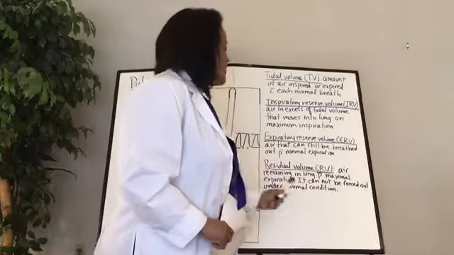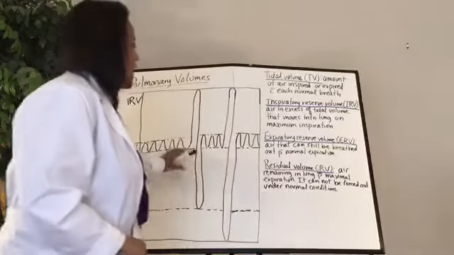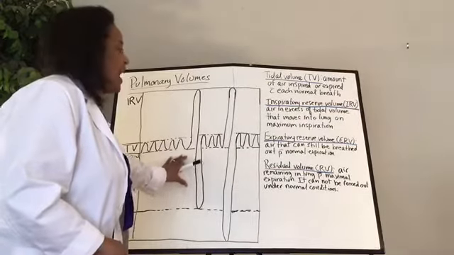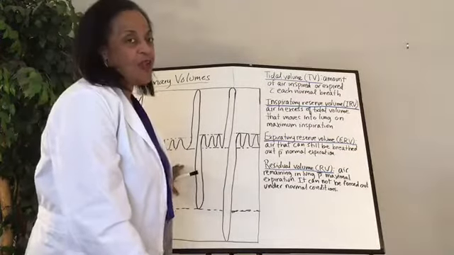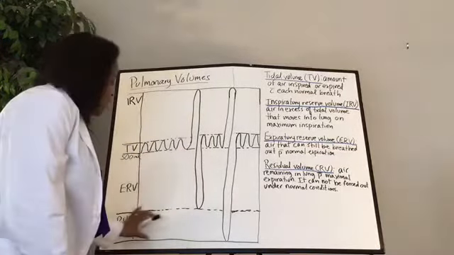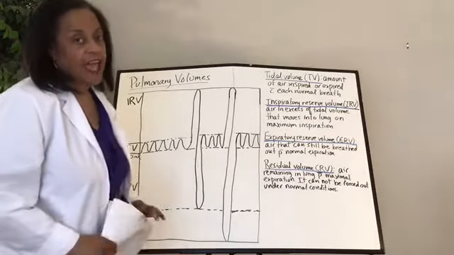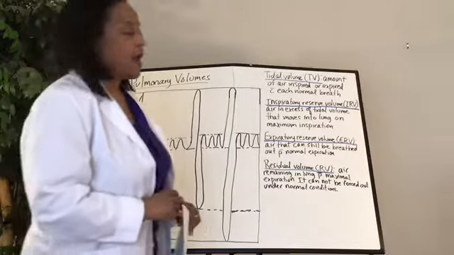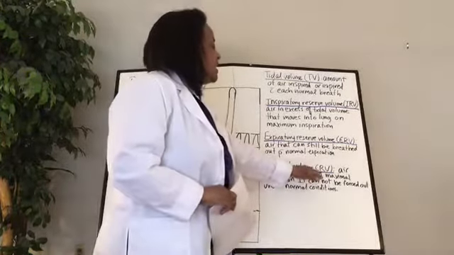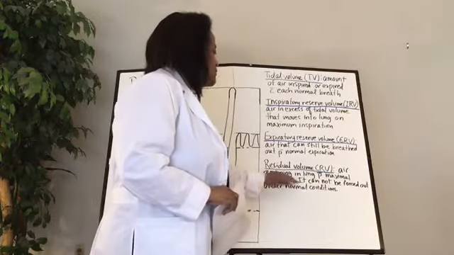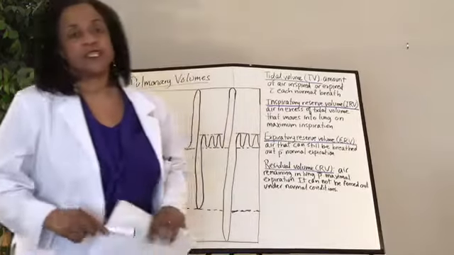Residual volume, RV, is air remaining in the lung after your maximal expiration. After you breathe out every bit of air you can possibly breathe out, the residual volume is the amount of air that remains in the alveoli. It remains in the lung. It cannot be forced out under normal conditions.